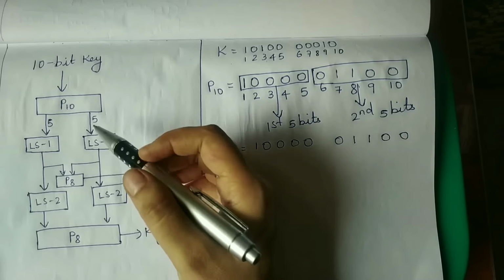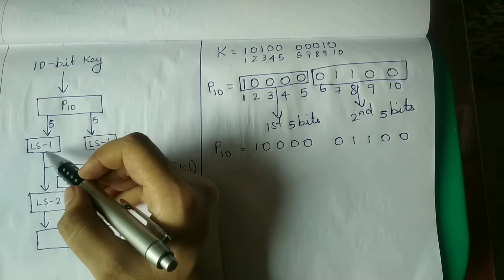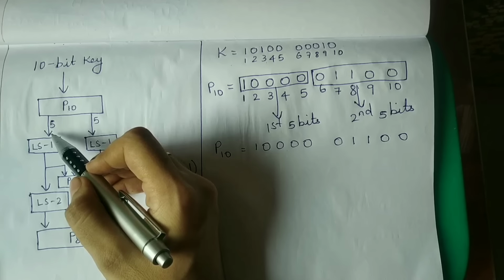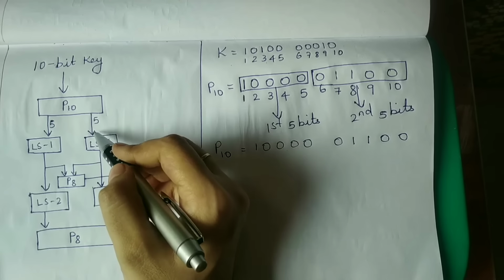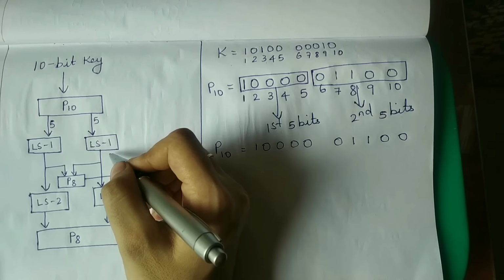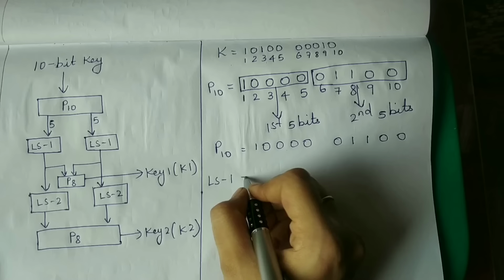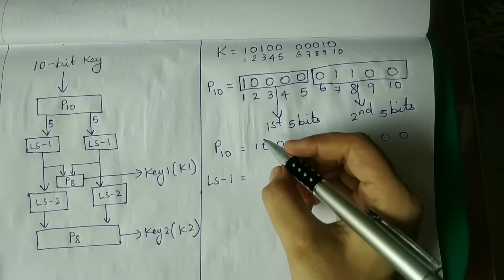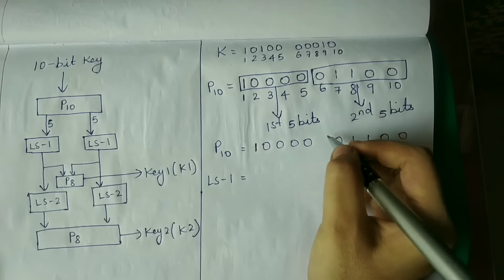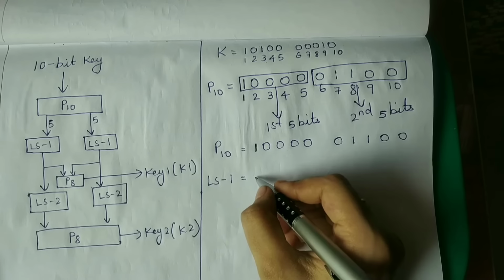Now look at this flow. After P10, we must do the left shift by 1 for the first 5 bits, and for the next 5 bits also we must do left shift by 1. So left shift by 1 means the first bit that is present over here will go to the last and the rest will come first.